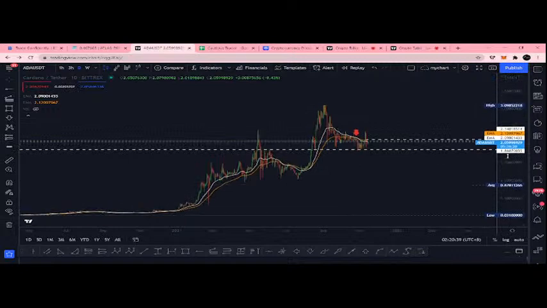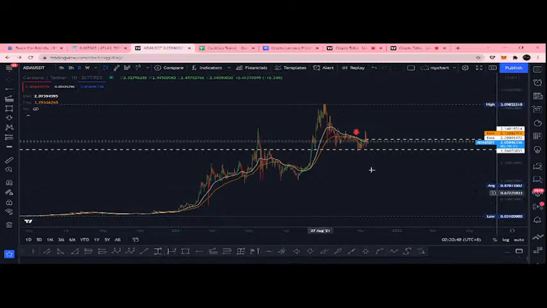So yeah, I will wait for the confirmation. ADA has been in this downtrend for almost more than 2 months already.